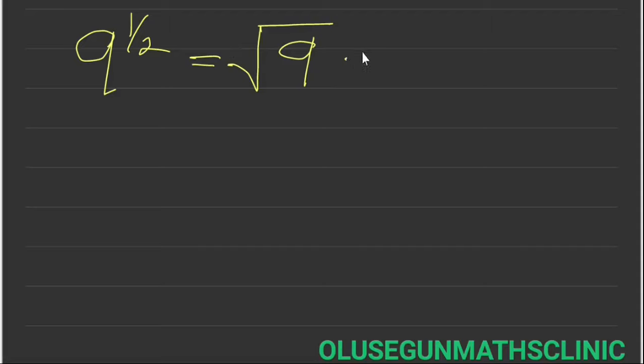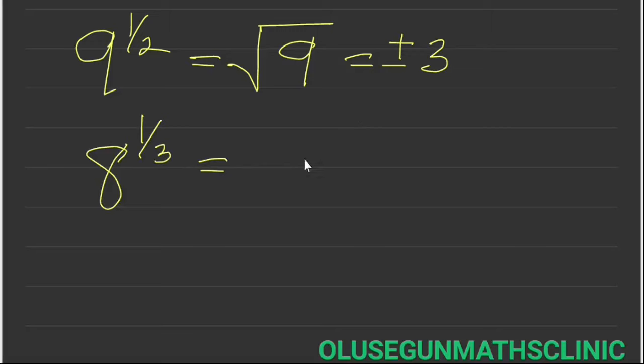So the root of 9 is plus or minus 3. What do you understand by plus or minus 3? Minus 3 times minus 3 gives you plus 9, and plus 3 times plus 3 also gives you plus 9.